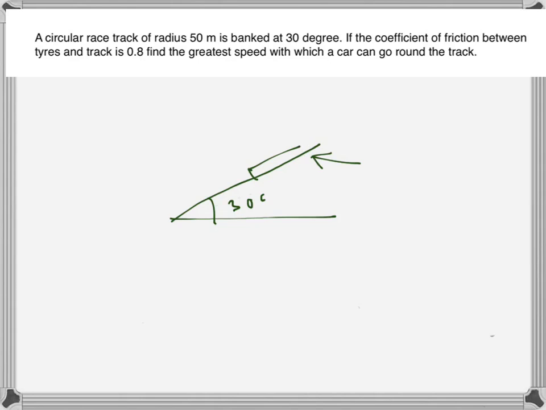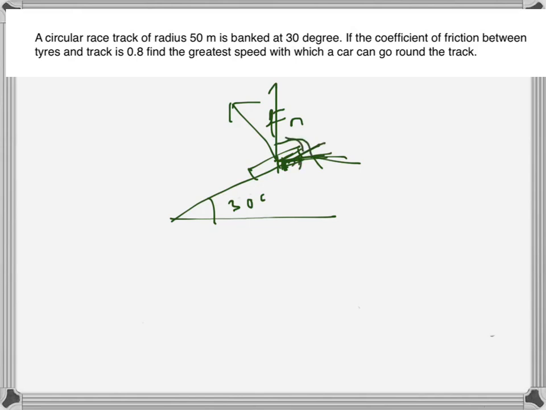So if we take the car like this, the normal force, let's call it Fn. This is the vertical plane, so this is the horizontal, and this angle is 30 degrees.